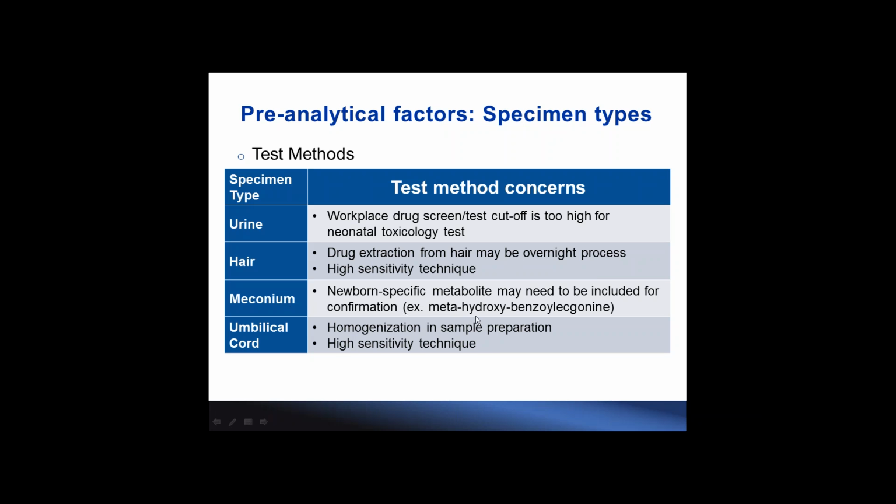For example, meta-hydroxybenzoylecgonine is the baby-specific metabolite for cocaine. Without those, we have some risk of false negative cases. Lastly, for umbilical cord, we do need some high sensitivity techniques, which I will show you in the next few slides.